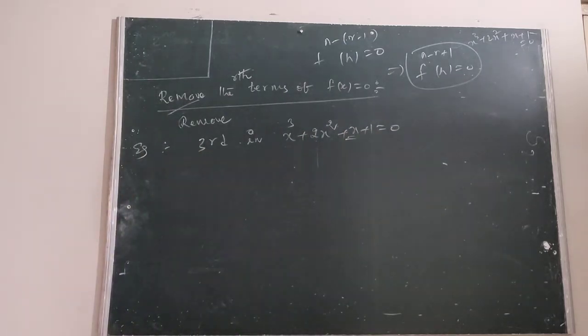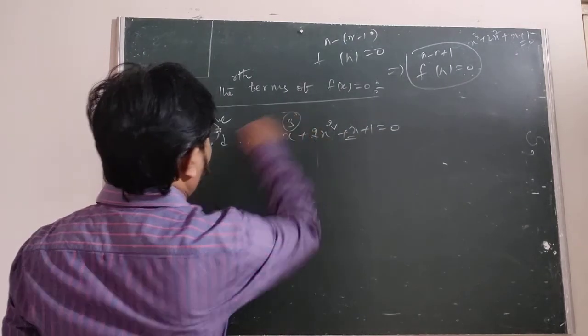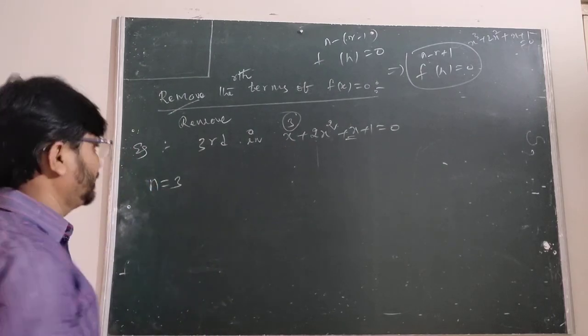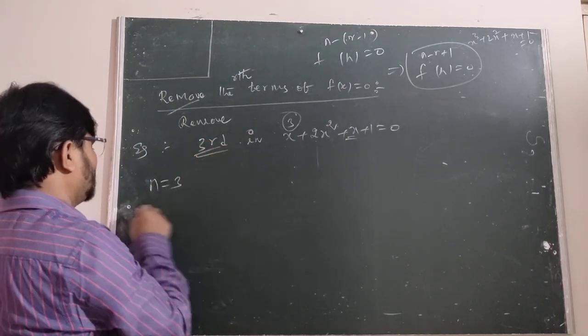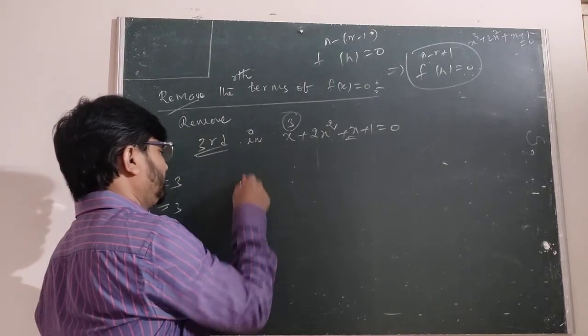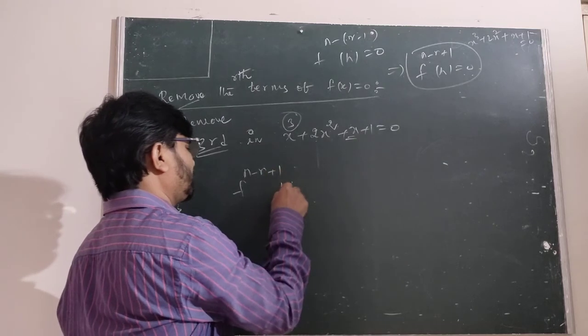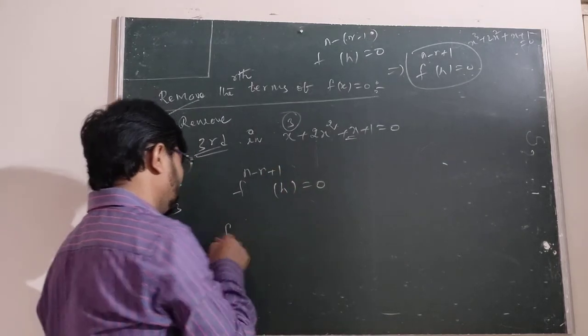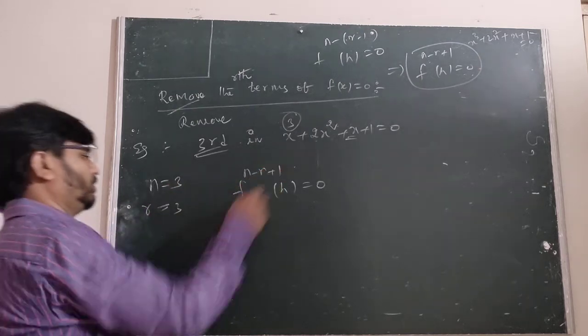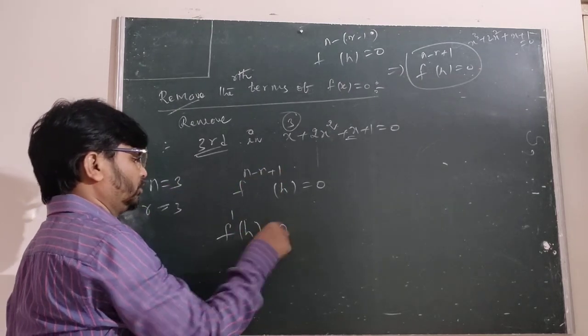So here the degree of the equation is 3, and the third term means r equal to 3. Now we can write f^(n minus r plus 1) of h equal to 0. N minus r plus 1 is 3 minus 3 plus 1, that is 1.